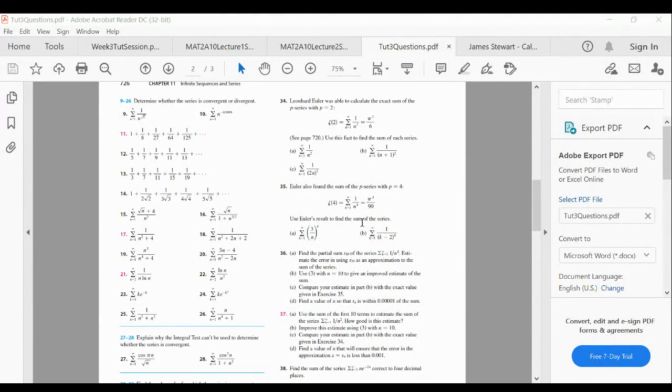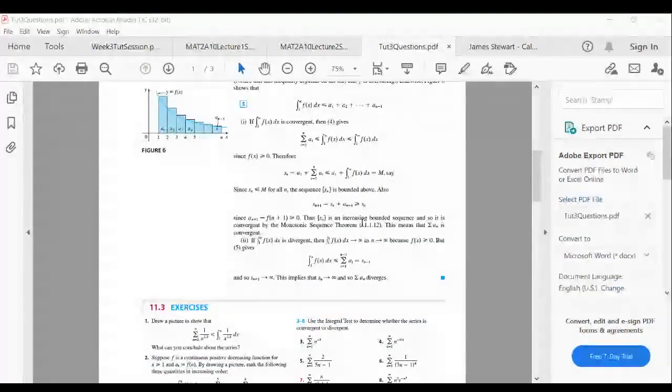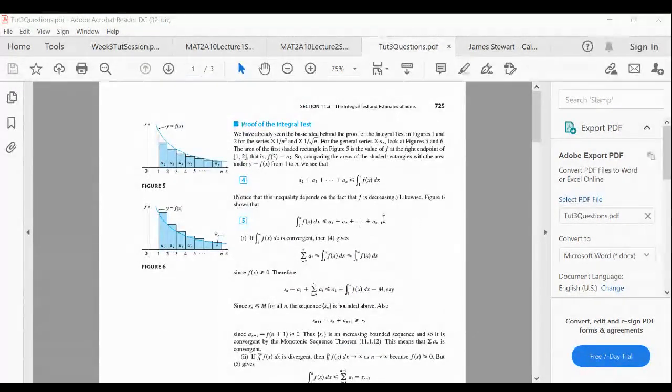So that to me looks like something we can use the P series for, because it looks like 1 divided by n cubed. So the first term will be 1 divided by 1 cubed. The second term will be 1 divided by 2 cubed plus 1 divided by 3 cubed plus 1 divided by 4 cubed, right? So that looks like it's a P series, okay?